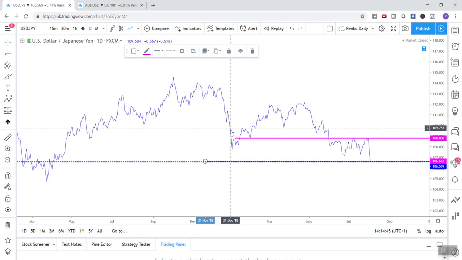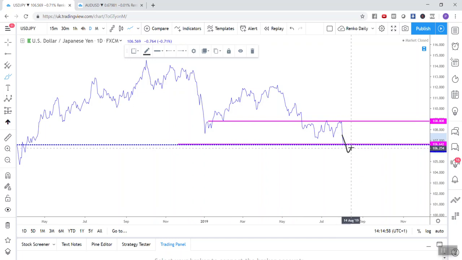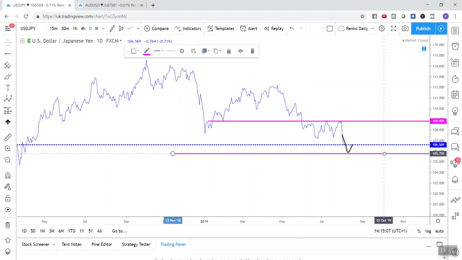Here we have a swing low where it stopped and headed up. If it comes down, and then pulls back, that would be our swing low.